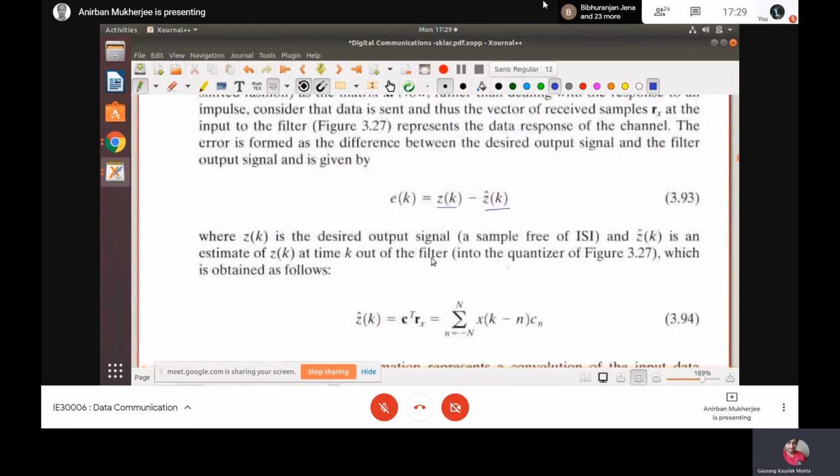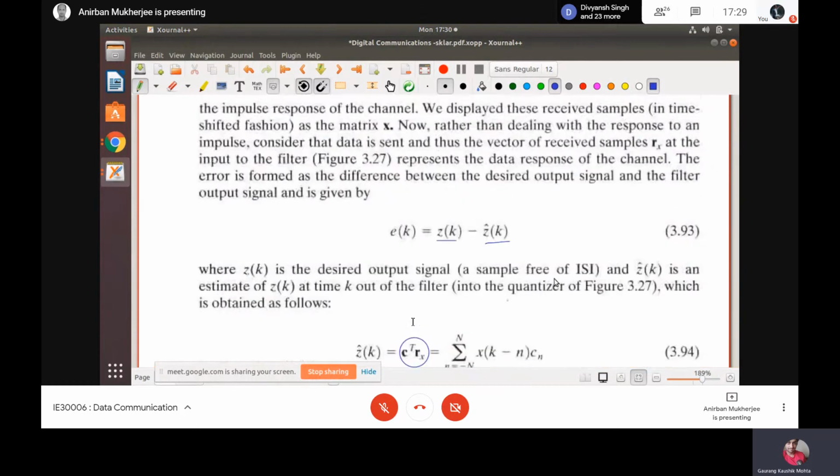Now what do you do? Z hat k is C transpose Rx. Check figure 3.27.